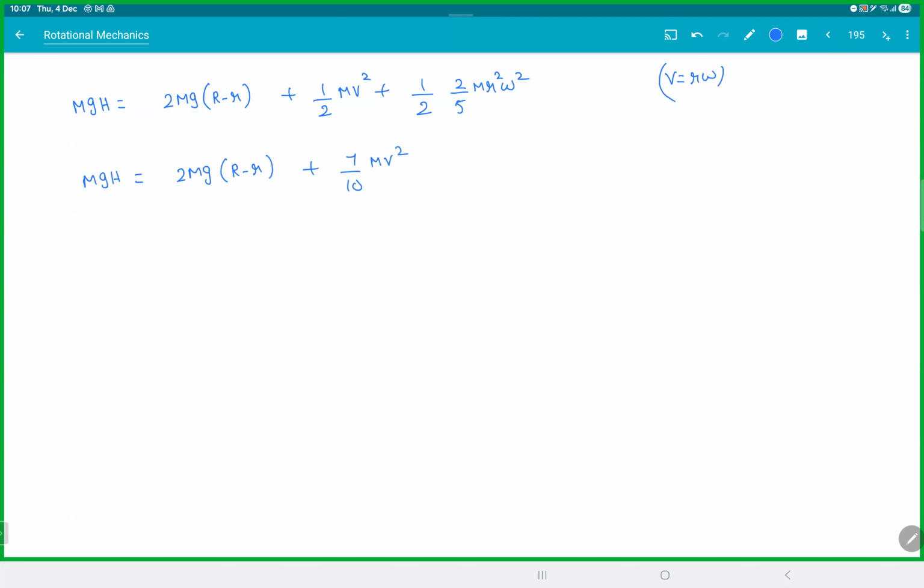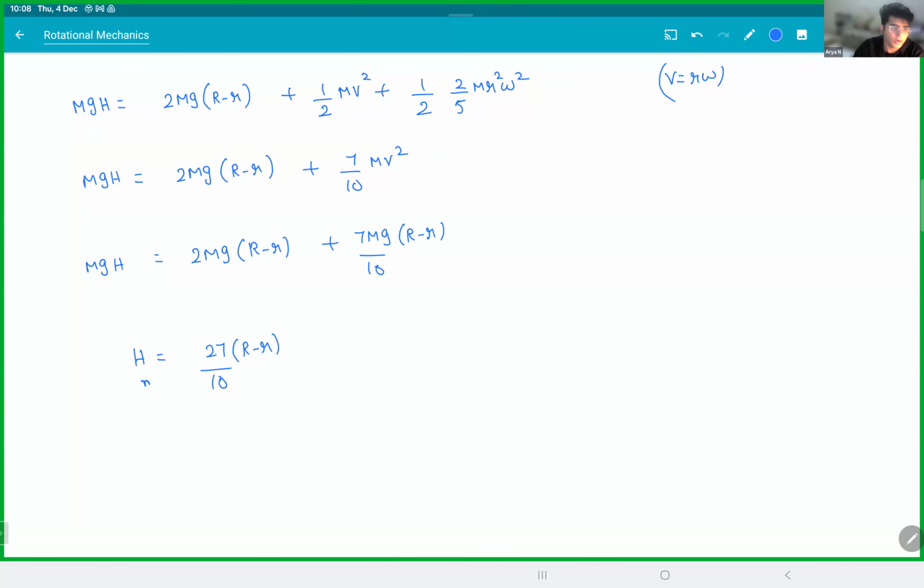R minus rg. Mg goes off, we get h is equal to 27 r minus r by 10. This is your h minimum.